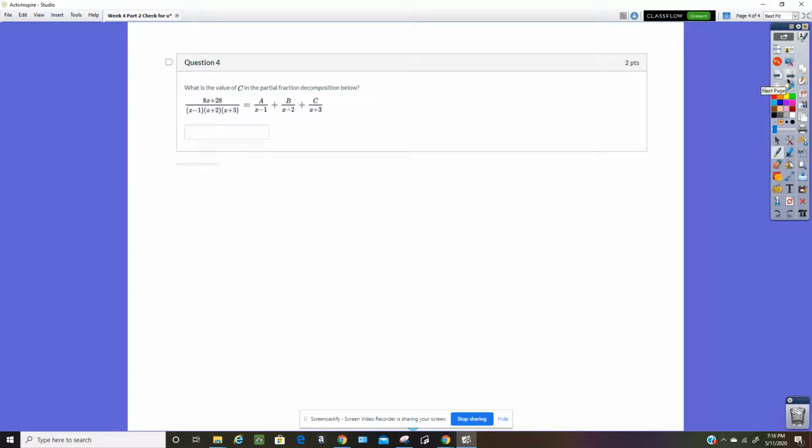And then finally, question 4. This one has 3 values to find, but then you just want to find C. And then you could also be asked for A or B, but since this one's asking for C, let's go ahead. If I multiply through by the denominators there, this denominator, I get 8x + 28.